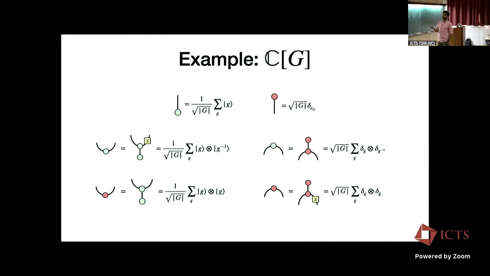And then, okay, you can work out all of these other things. In this case, actually, it's enough to focus on the top row. This is just different by some inverse. So this state is like G and G inverse. So you can think of this as a GHZ-like state on two links, so 0,0 plus 1,1 in the group case.